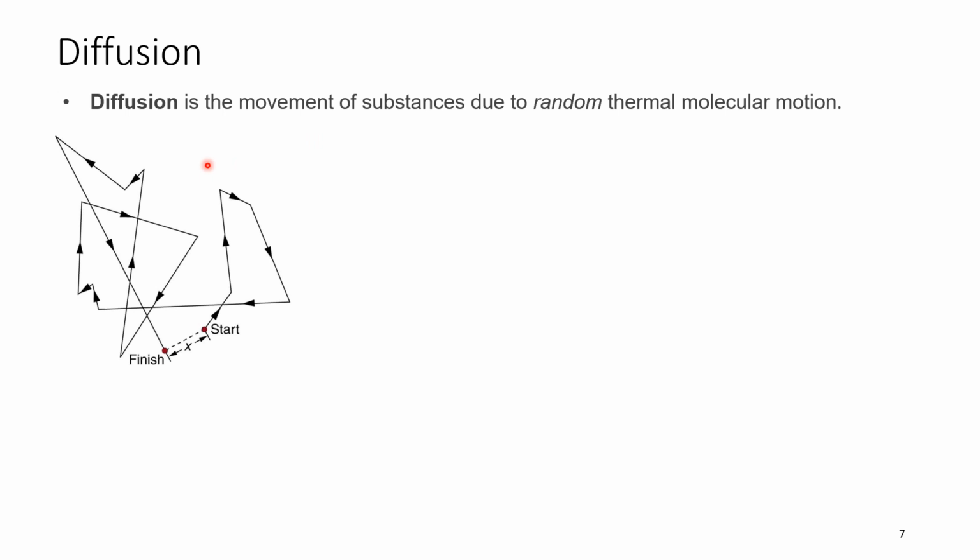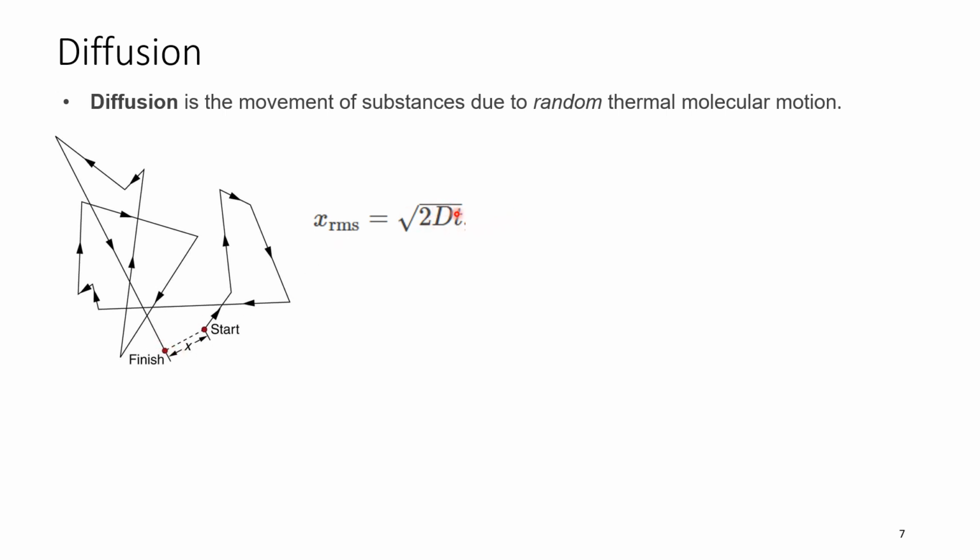It can be shown that the average distance x_rms that the molecule travels is proportional to the square root of time, where x_rms stands for the root mean square distance and is the statistical average of the process.